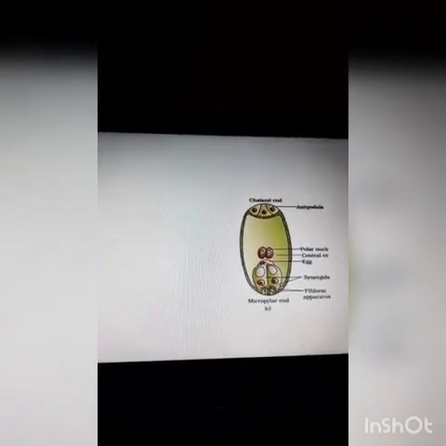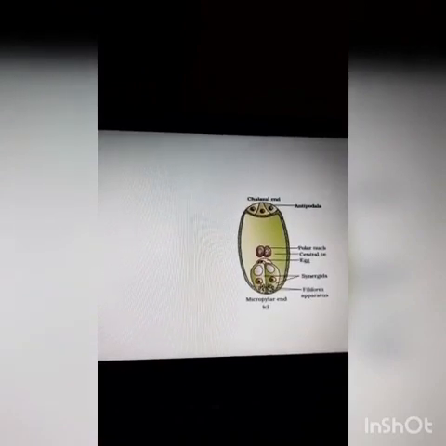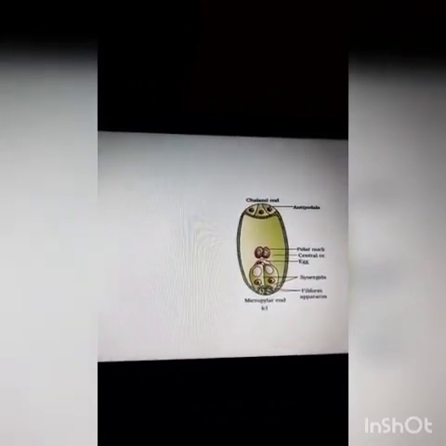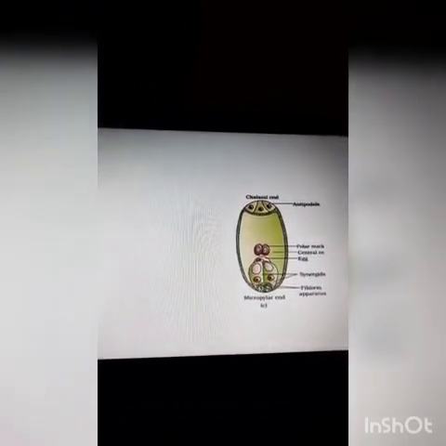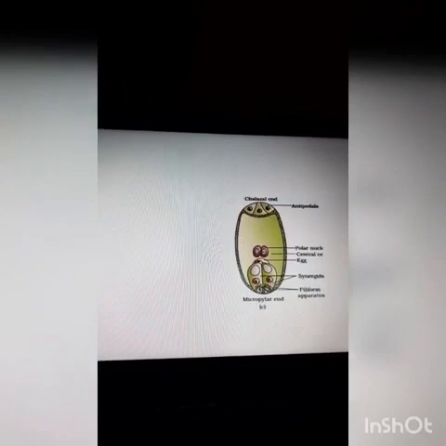So children, this is a diagrammatic representation of a typical female gametophyte or embryo sac. And children, please note that in most question papers, we can see a repeatedly asked question. It is as follows: Draw a labelled diagram of a matured embryo sac. I noticed that most of the children lose marks in this area. You know the reason?